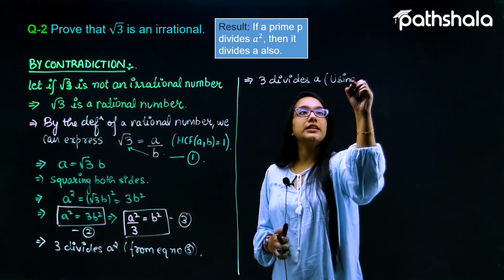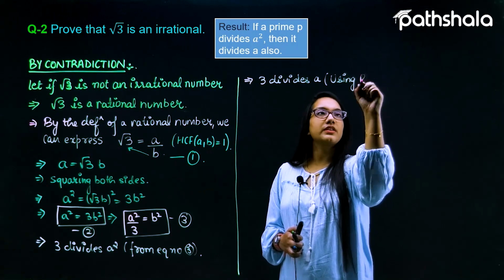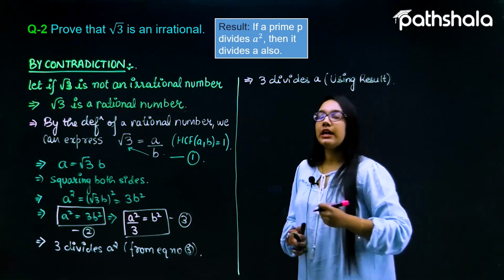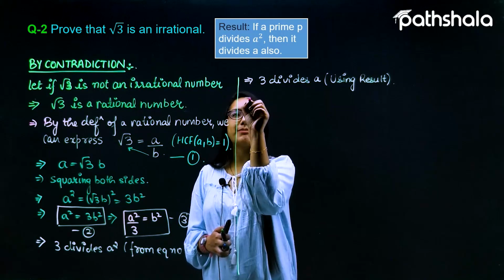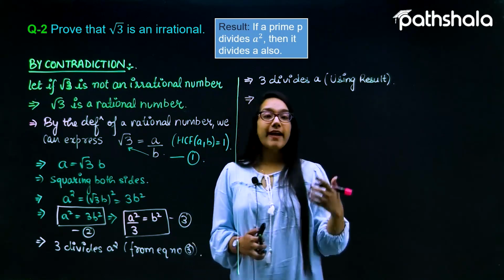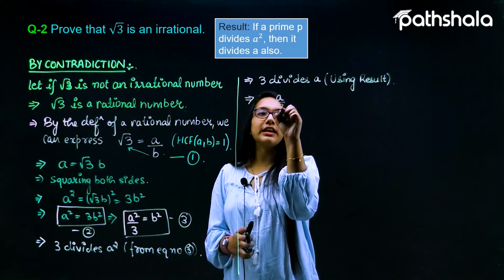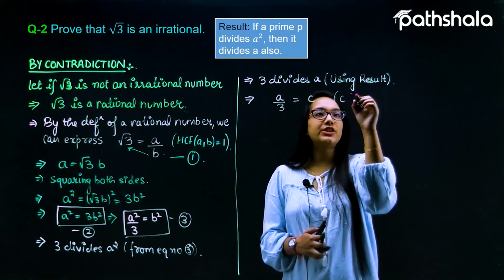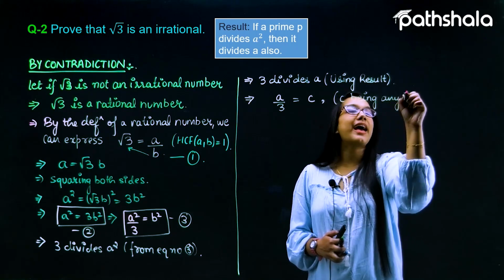Using this result, if 3 divides a square, then it definitely divides the number a. So if 3 is dividing a, we can express a by 3 equal to some c, c being any integer.